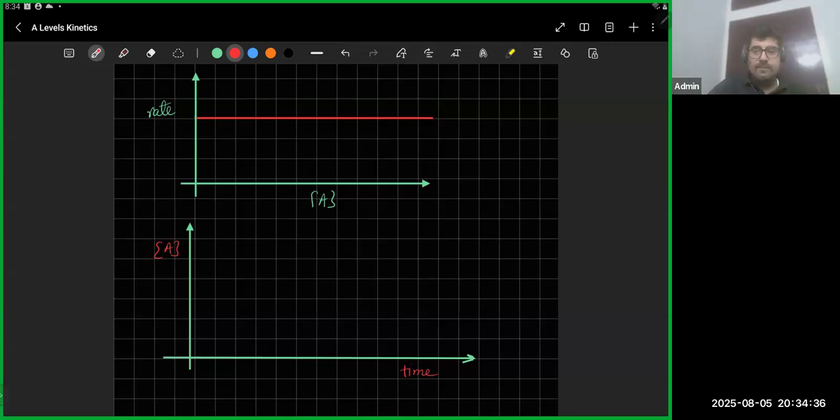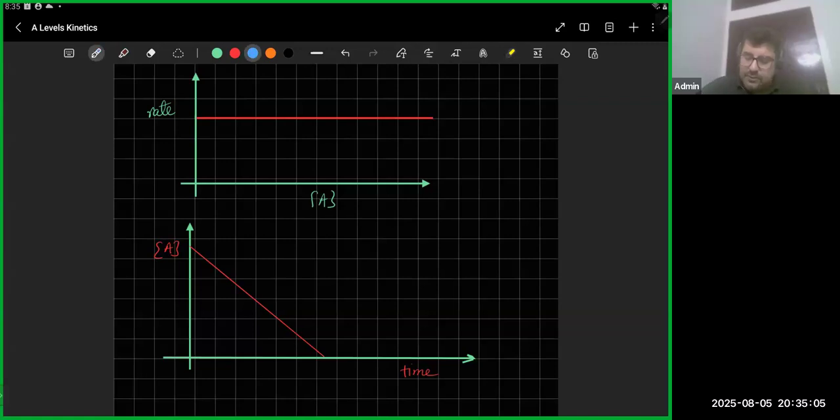Now in this one, the graph is going to be a straight line. What that means is it's not going to slow down. Remember, rate is the gradient. If A's concentration decreases, the reaction should slow down, but in a zero order reaction, A's concentration has no effect on the rate of reaction, so it doesn't really do anything.